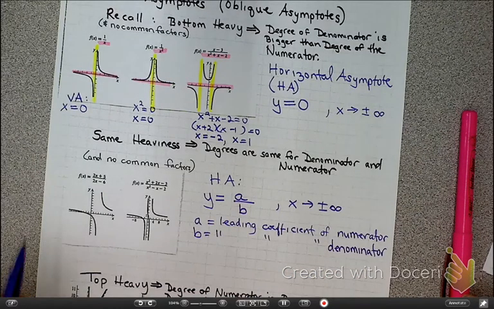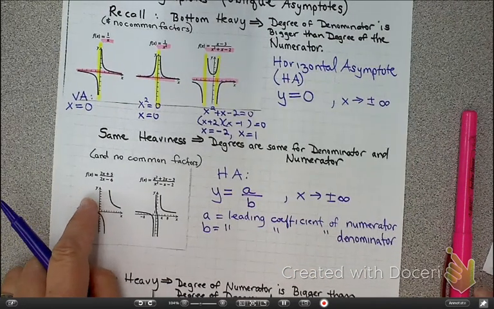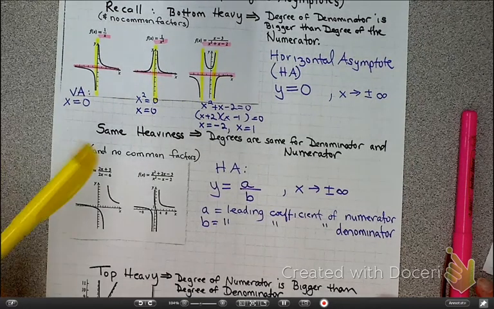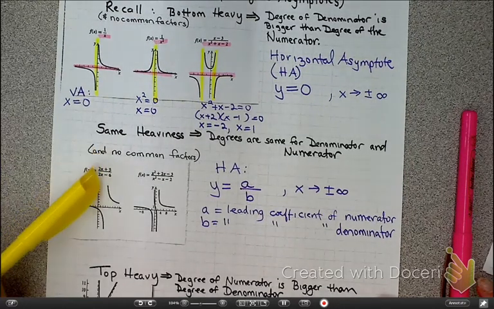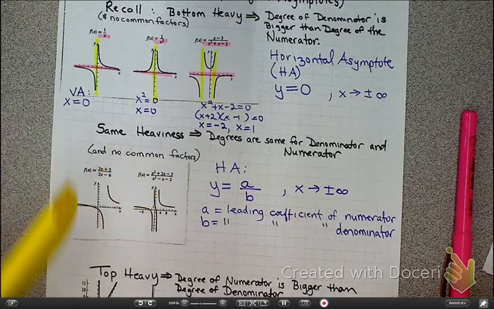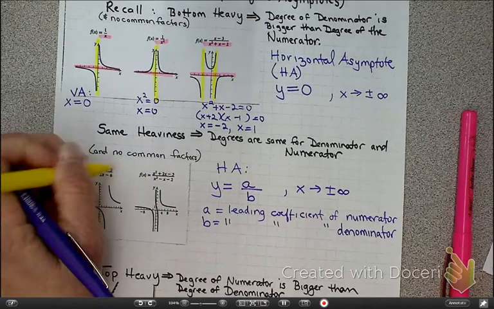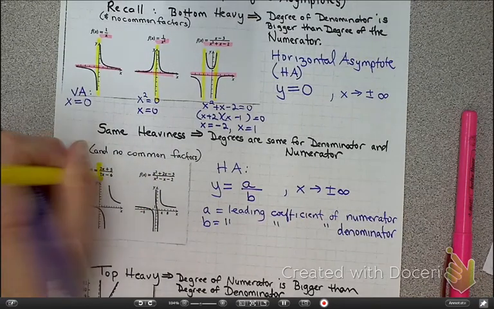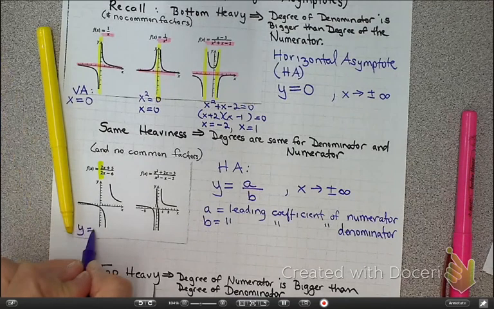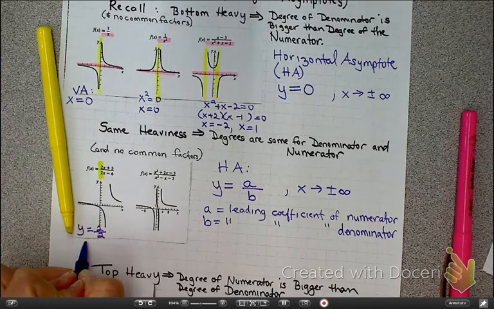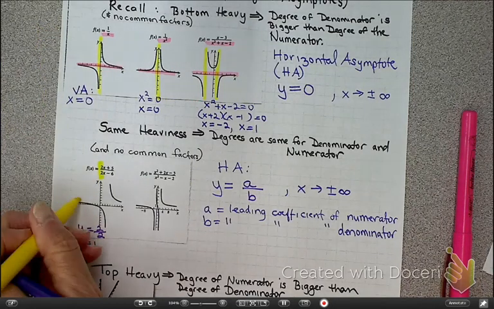Okay, so in these two graphs here, we've got the same degree. This is the first degree, the second degree, and the leading coefficients right here. So this one would be y equals 2 over 2, which is y equals 1. And there's the horizontal asymptote right there at y equals 1.